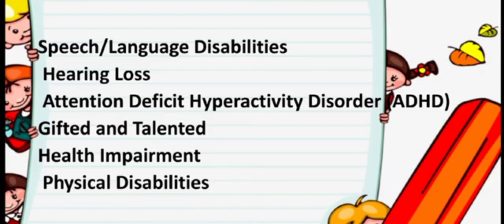Attention deficit hyperactivity disorder or what we call ADHD. So ito yung mental disorder of the neurodevelopmental type that is characterized by problems paying attention, excessive activity, or difficulty controlling behavior which is not appropriate for a person's age.